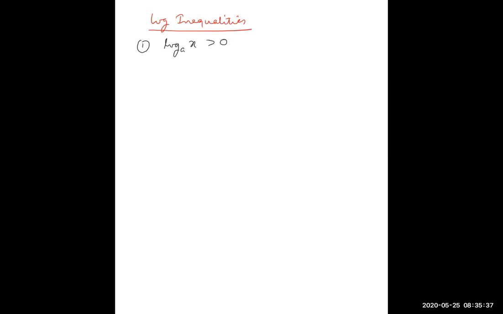So before that you write one simple concept. Let us write log a x is greater than b, suppose. Then this implies that x is greater than a raised to power b if a is more than 1, and x is less than a raised to power b if a is between 0 and 1.